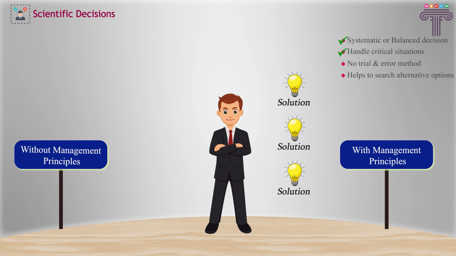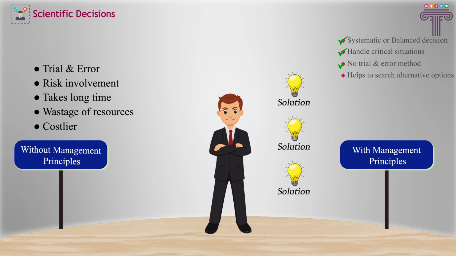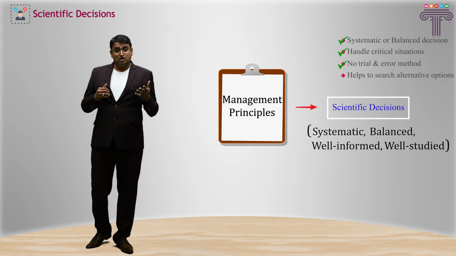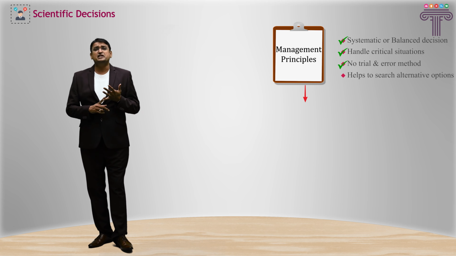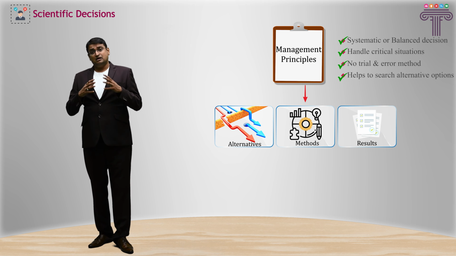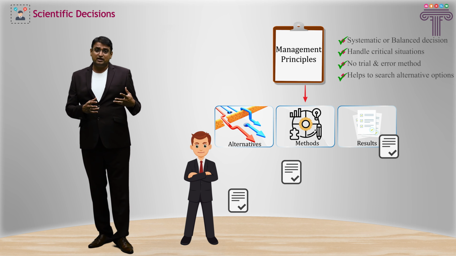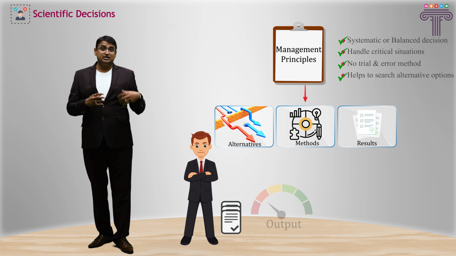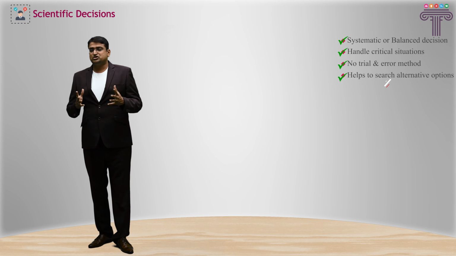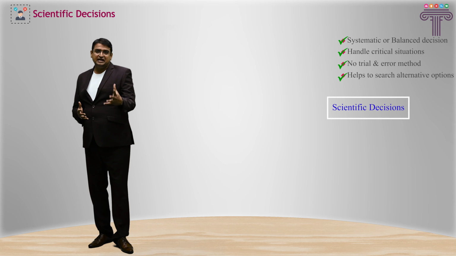Without them, they have to revert to the original method of trial and error, which can lead to probable wastage of resources in terms of money, time, and so on and so forth. Well, these management principles help us take well-informed decisions, because they help us identify various alternatives, various methods, and their results. And then a manager not only chooses the best one, but identifies the advantages of those methods. Hence, decisions taken by managers based on management principles are basically scientific decisions.